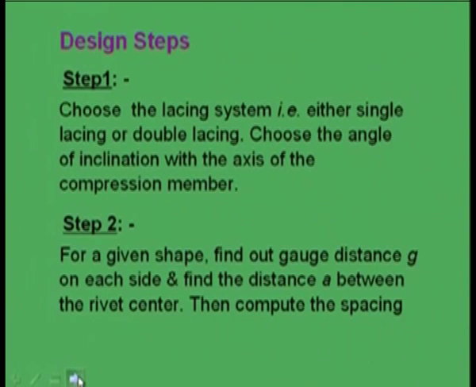So far we have discussed the detailed guidelines given by the code. In IS 800 different aspects of the lacing parameters are explicitly described. Lacing parameters means lacing length, lacing spacing, then lacing width, that means dimension, width and thickness, and angle of inclination.